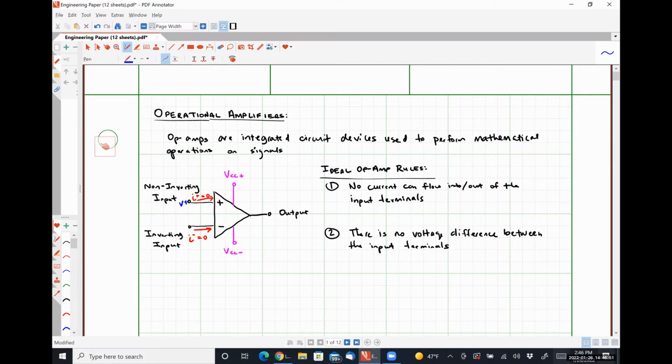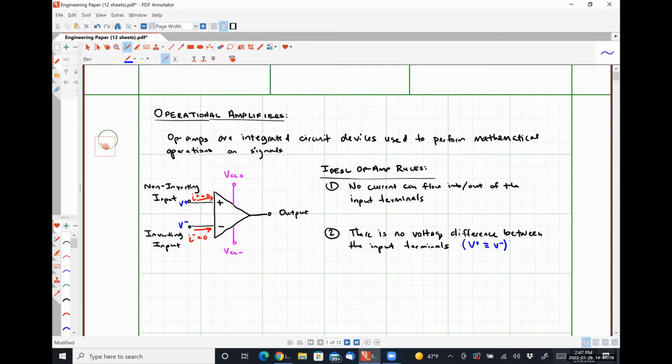So V plus is the voltage present at the non-inverting input terminal with respect to ground. This guy down here, V minus, is the voltage present at the inverting input terminal with respect to ground. Rule 2 tells us that V plus has to be exactly the same quantity as V minus.